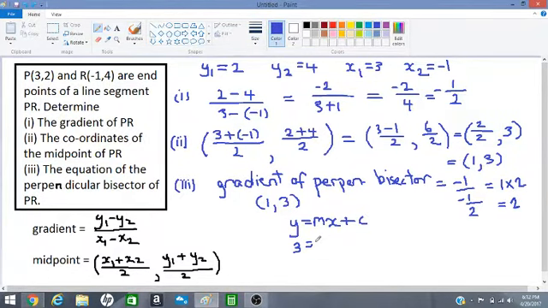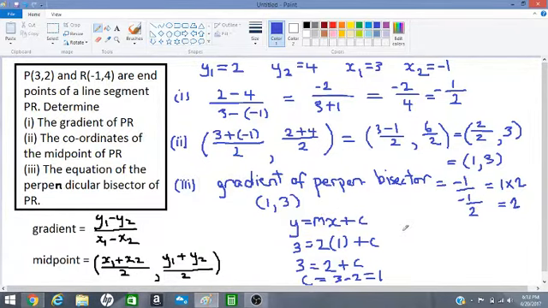So we have 2 times x, which is 1. x is obtained from here. And we add that to c. So 3 is equal to 2 times 1, which is 2, plus c. So therefore c is equal to 3 take away 2, which is 1. So the y-intercept is 1, and the gradient of the perpendicular bisector is 2.